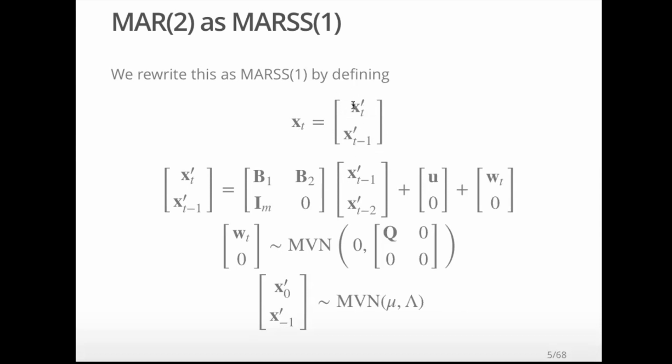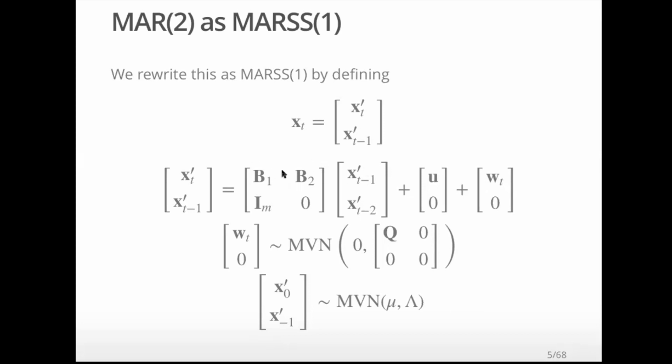There were 2 of them, so now I've got 4: the first one and the second one at time t, and then the first one and the second one at time t minus 1. And then all I have to do is sit down on a piece of paper a little bit and think about what the new B matrix needs to look like. Hopefully you can see how this works out.